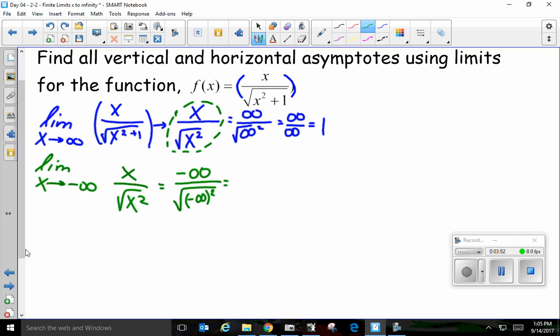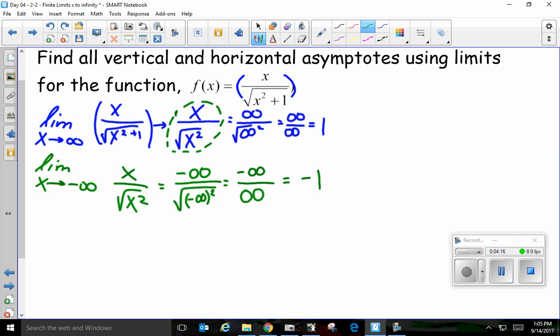So negative infinity squared would still be infinity, but it will be positive infinity. And then when I take the square root of a positive infinity, it's still positive infinity. You're like, well, it's still 1. But no, what's the top? You got it.